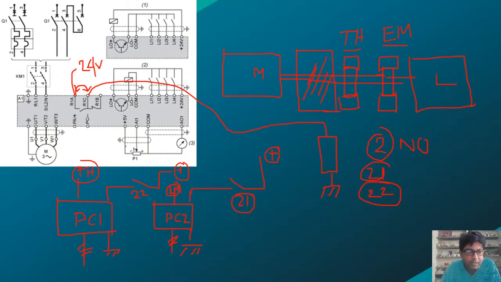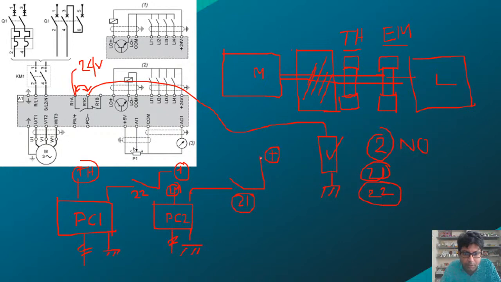Once the motor has developed the full torque, then R1A and R1C will be closed. Then the 24 volt will energize this coil. If the coil is energized, then the normally open contacts 2-1 and 2-2 will also become closed.